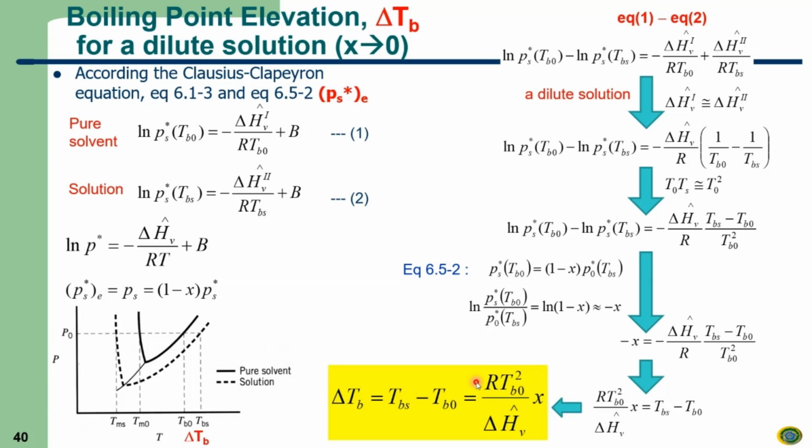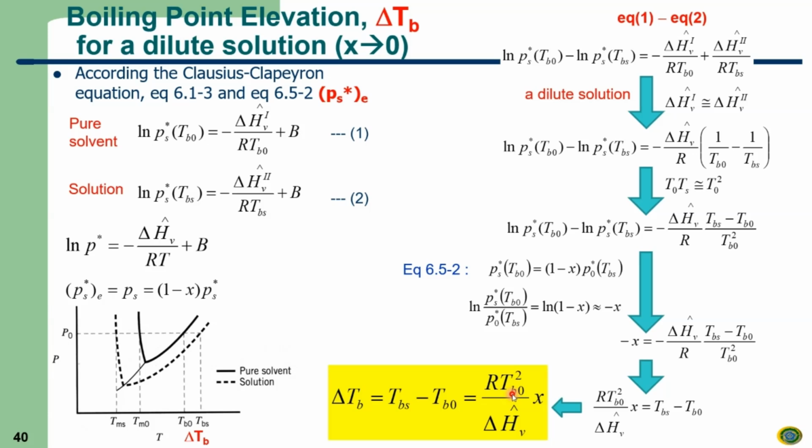So what does this equation tell you? What's the information you have got here? The delta TB is related to what? The concentration of the solute. Okay, the molar fraction of the solute in the water or in the solvent. You can say the molar fraction of sugar in the water. And you can measure the temperature, the original temperature.